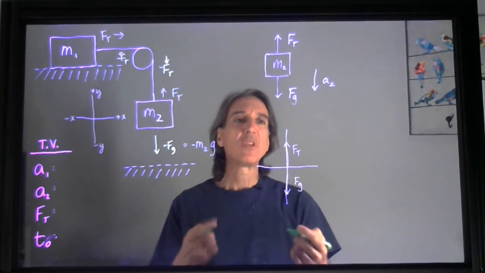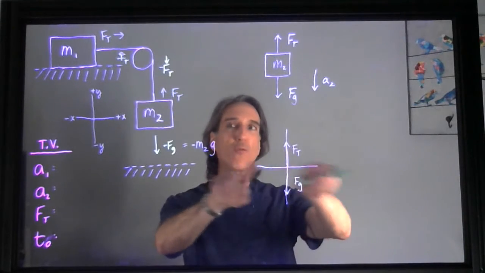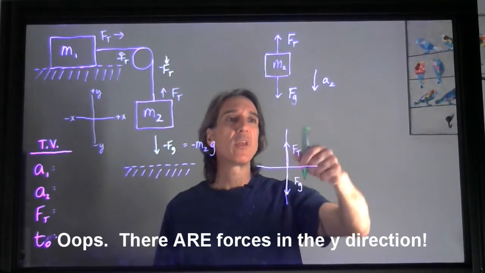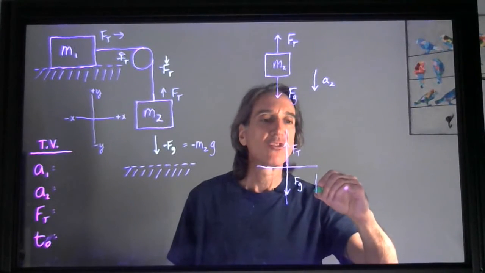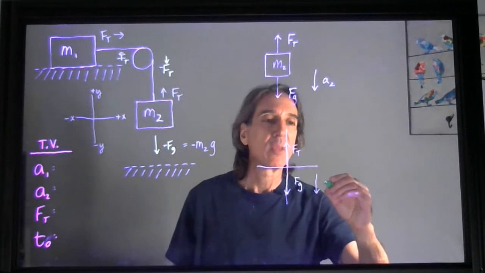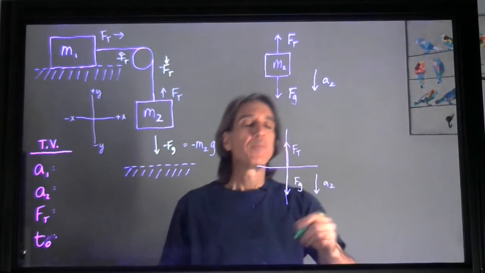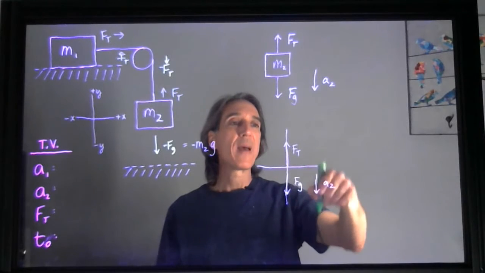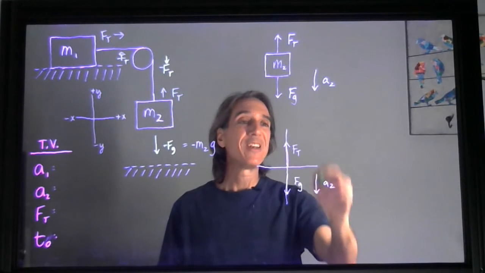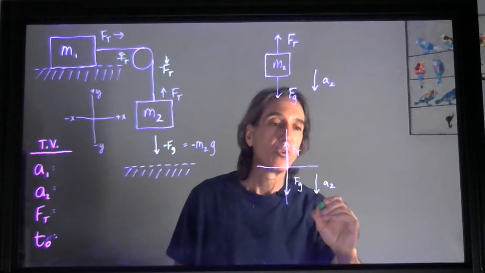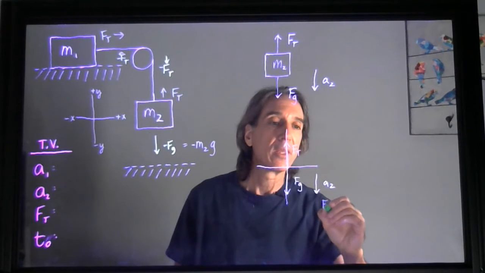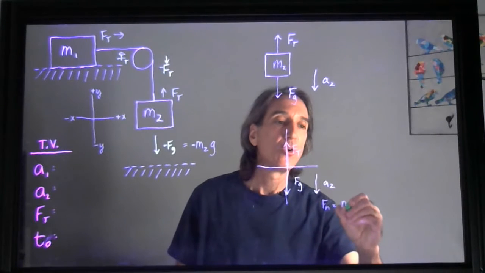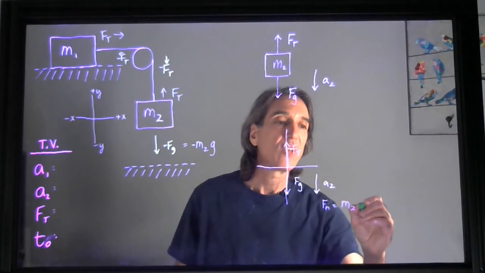Now, when we sum these forces together, there are no forces in the x direction acting on M2. We know that it's going to accelerate downwards, so this is going to be a sub 2. We know that force is equal to mass times acceleration, so this produces a net force where F sub net is equal to M2 times a sub 2.